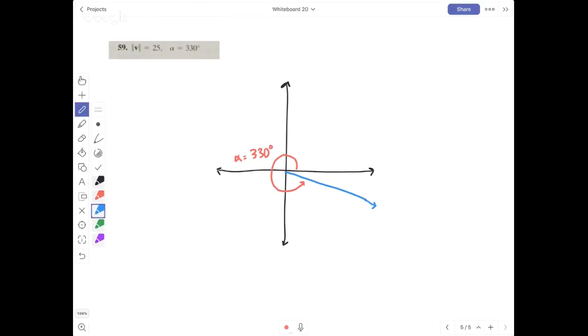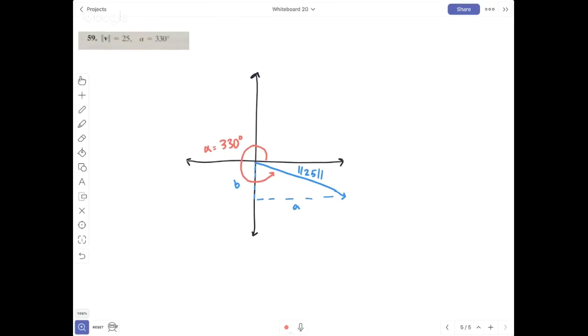And the magnitude of vector v is 25. And I need to find the A component and the B component. So there's the A component along the x-axis and the B component along the y-axis. And I happen to know that A squared plus B squared does equal C squared.